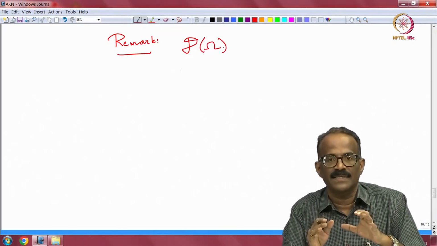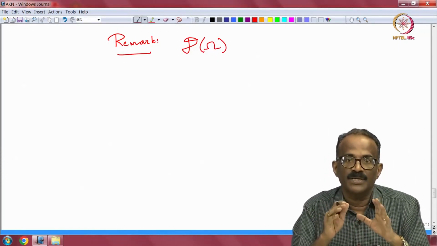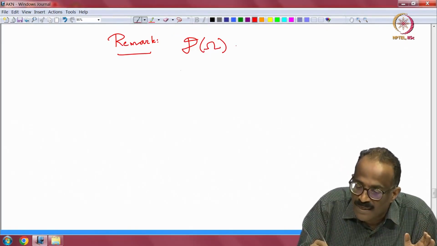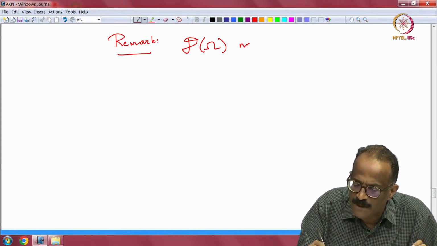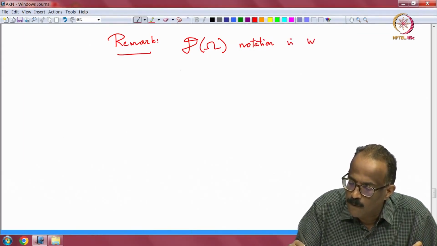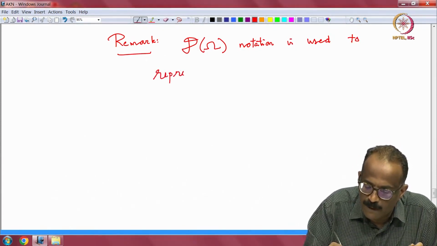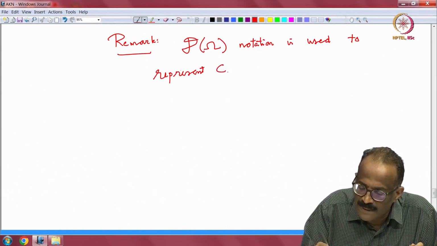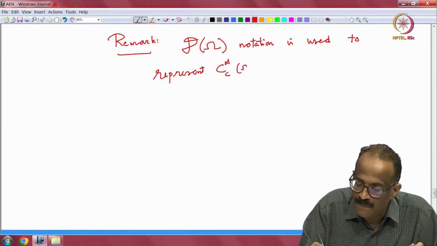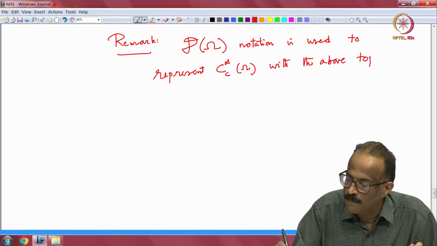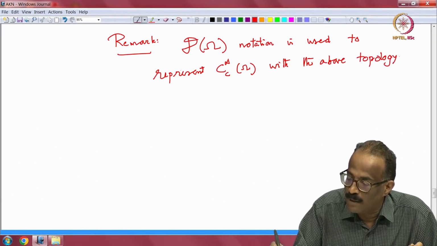As a set it is C c infinity of omega, but the notation D of omega is used to represent C c infinity of omega with the above topology, or convergence.